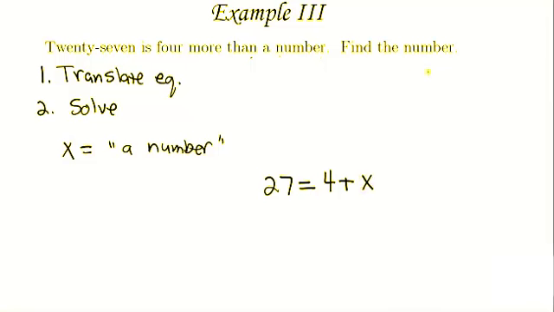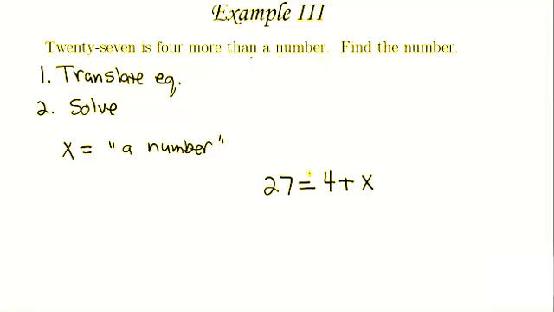Find the number. Before I find the number, I always go back and check to make sure I translated correctly, because if I translated incorrectly, I'm going to end up with the wrong answer. So 27, and I have a 27 here, is, so equals 4 more than, 4 plus a number, so x. Now find the number.